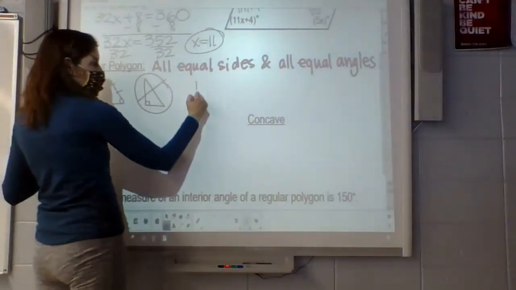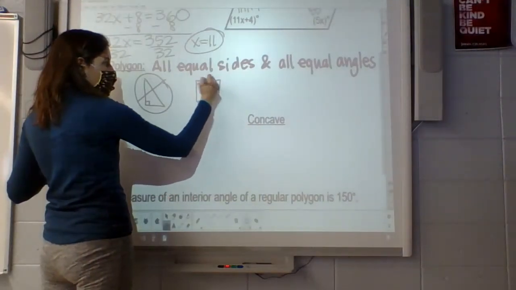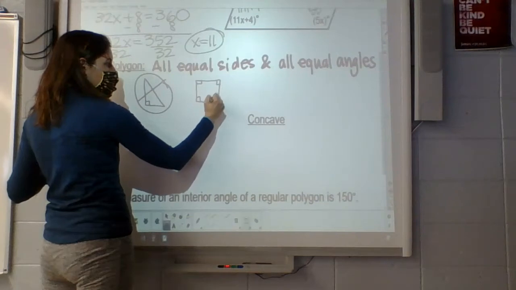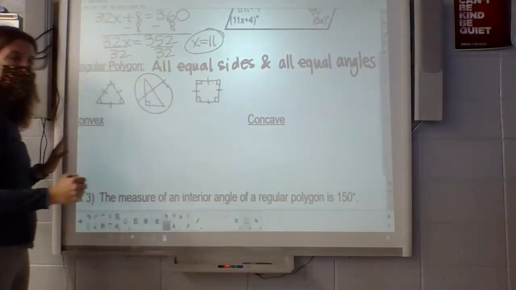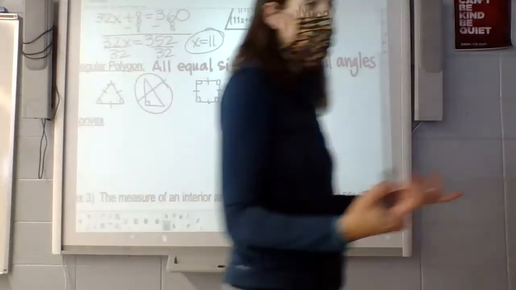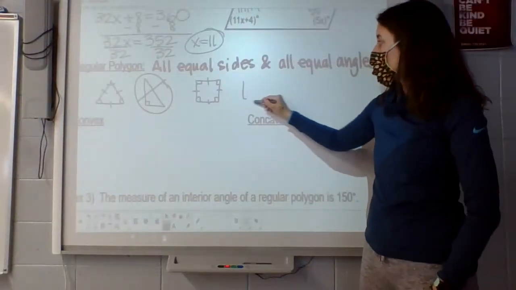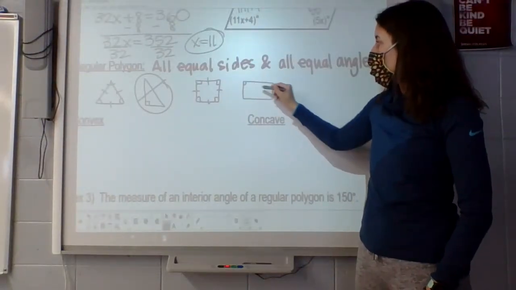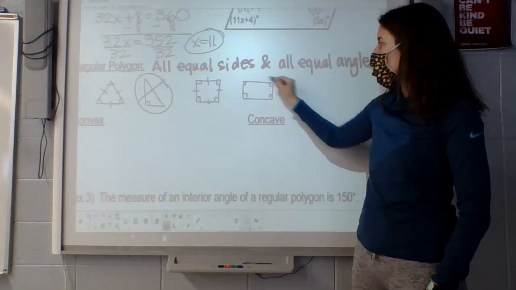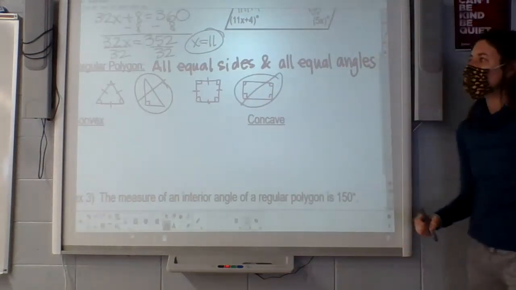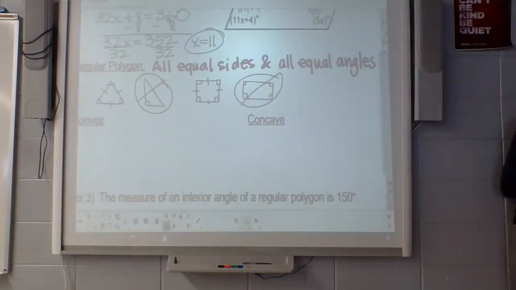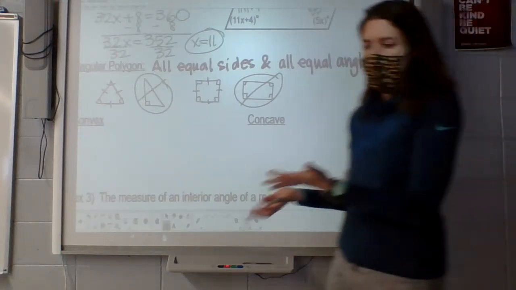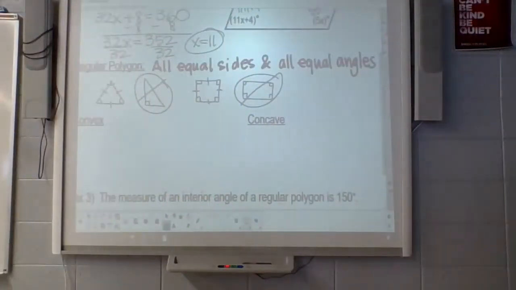Or a square is a regular polygon, all equal sides, all equal angles, whereas a rectangle is not. It has all equal angles, but not all equal sides. So just understand it's your most straightforward, most recognizable version of whatever shape that happens to be.